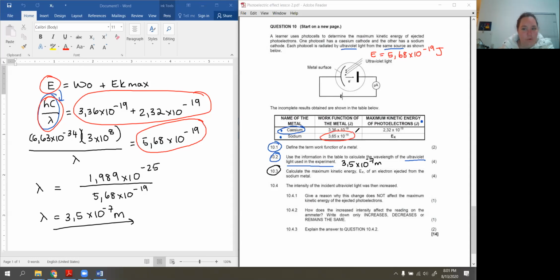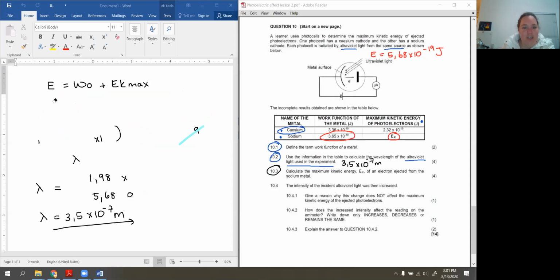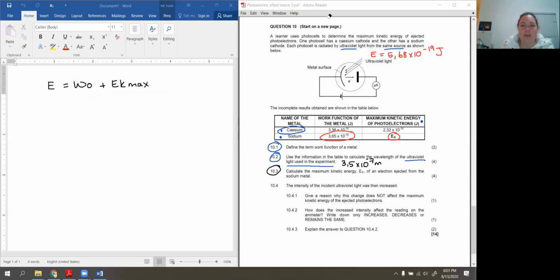You know the work function, and you're looking for the kinetic energy. So to calculate the maximum kinetic energy, I'm just going to quickly do it because I'm halfway there already. We're going to go a little bit over, just so we can quickly finish this calculation. The energy of the photon is 5.68 times 10 to the negative 19.